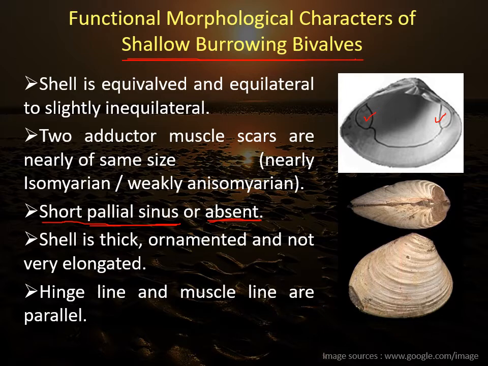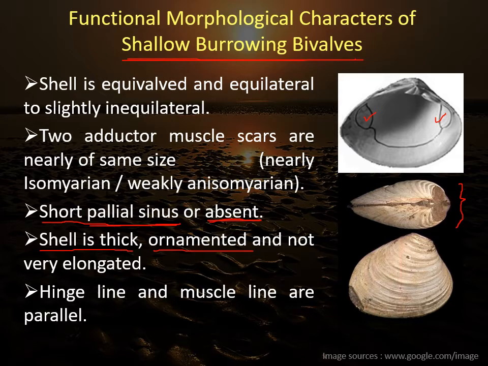Next, the shell may be thick, it should be fairly ornamented, and it's not very elongated. It also has a high width, as you can see in this picture, because it has to go to a shallow depth within the sediment surface.